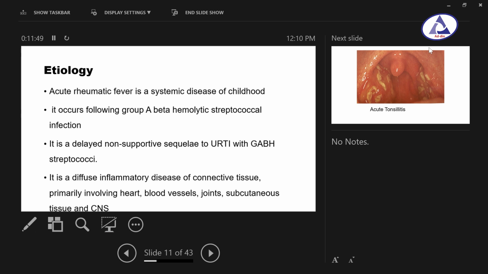It occurs following group A beta hemolytic streptococcus infection and is a delayed non-suppurative sequela of upper respiratory tract infection with group A beta hemolytic streptococcus, and it is a diffuse inflammatory disease of connective tissue, primarily involving the heart, blood vessels, joints, subcutaneous tissue and central nervous system. Okay, these are the etiology of acute rheumatic fever.